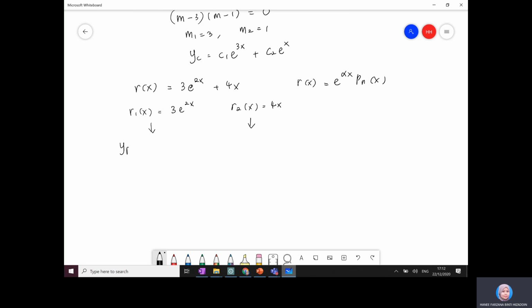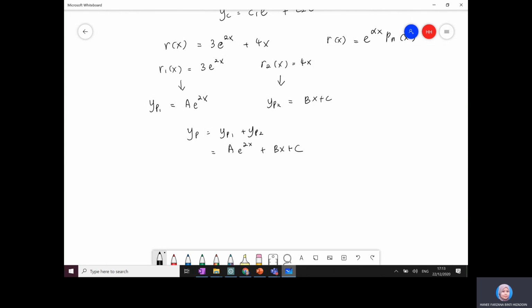So for R1, you can propose yp1 is a e to the 2x, and yp2 is any polynomial of degree 1, bx plus c, since we already used the a in the first yp. And finally, the proposed yp is yp1 plus yp2, and that is a e to the 2x plus bx plus c.